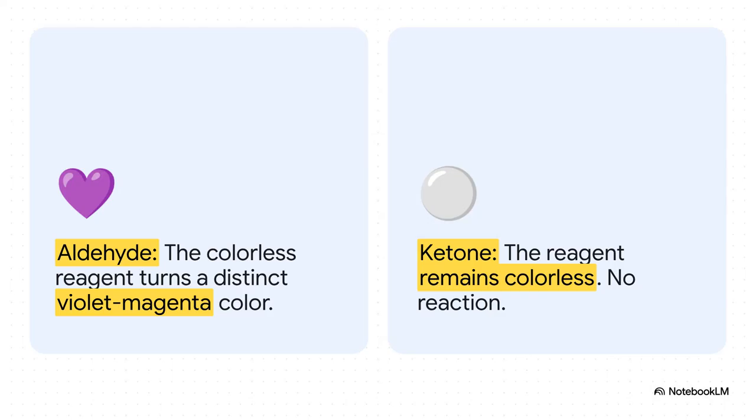And our last big test is called Schiff's test. The reagent itself is totally colorless, looks just like water. But if you add even the tiniest drop of an aldehyde, it bursts into this brilliant violet magenta color. It's an incredibly sensitive test, great for picking up even trace amounts. And by now, you can probably guess what happens with a ketone, right? Nothing at all. The liquid stays clear.